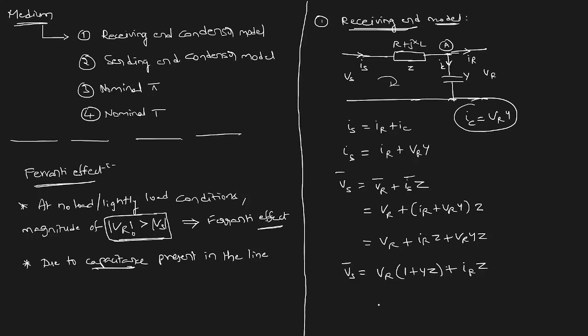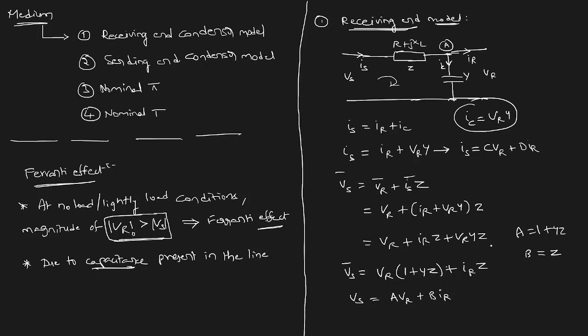From here, after comparing with the general equation, we can conclude that A will be 1 plus YZ and B will be Z. And if you see clearly here, we can write the general equation as C VR plus D IR.